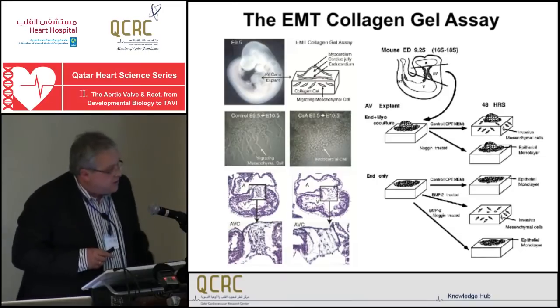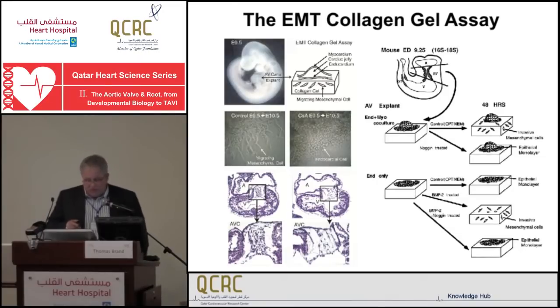And we know quite extensively the molecules that are involved in this regulation. And the main reason that we know so much about it is that we have a biological assay to analyze this. So what you do is you excise the area where this process occurs, the EMT, and then you place this excised myocardium together with the endocardium on a piece of collagen, on a collagen gel.